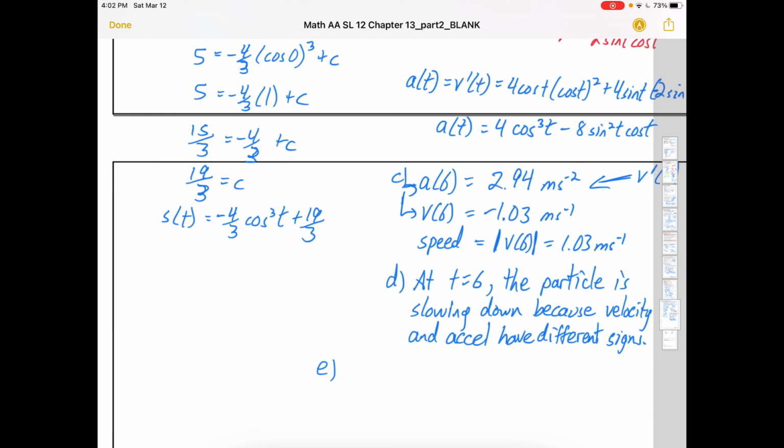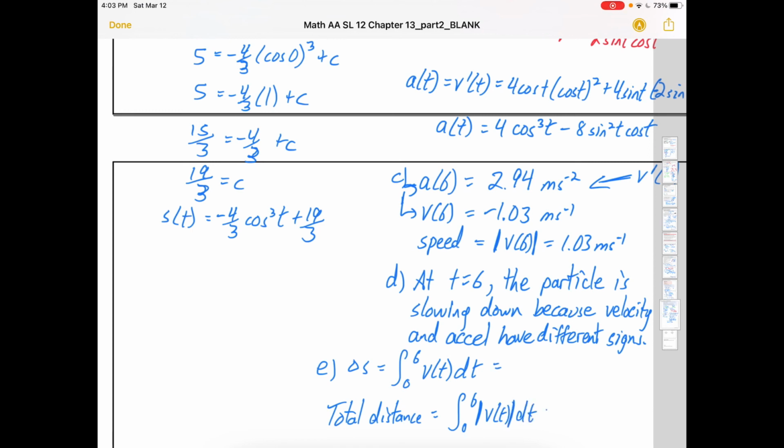Lastly, it asks us for the displacement, or the net displacement, over those first 6 seconds. So that would just be the integral of velocity from 0 to 6. And then it asks us for total distance. Okay, and recall that that is the definite integral of speed, or the definite integral of the absolute value of velocity.